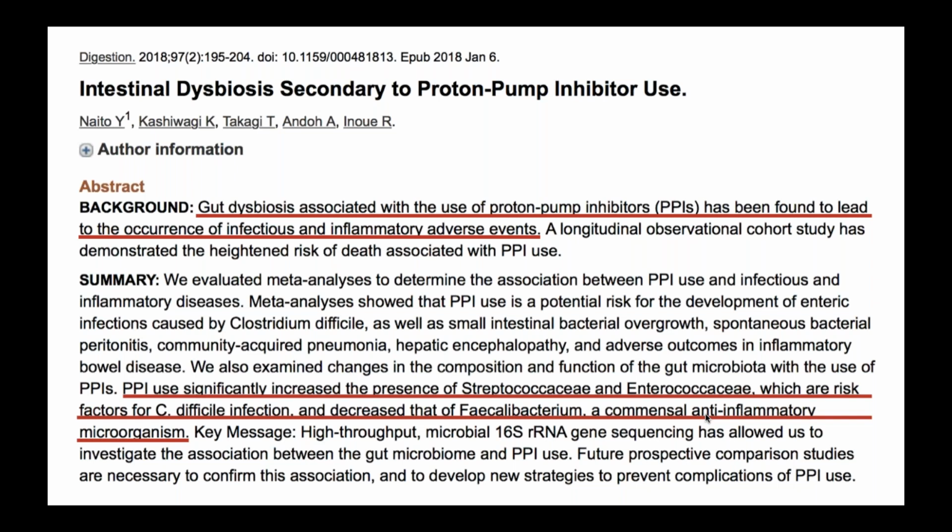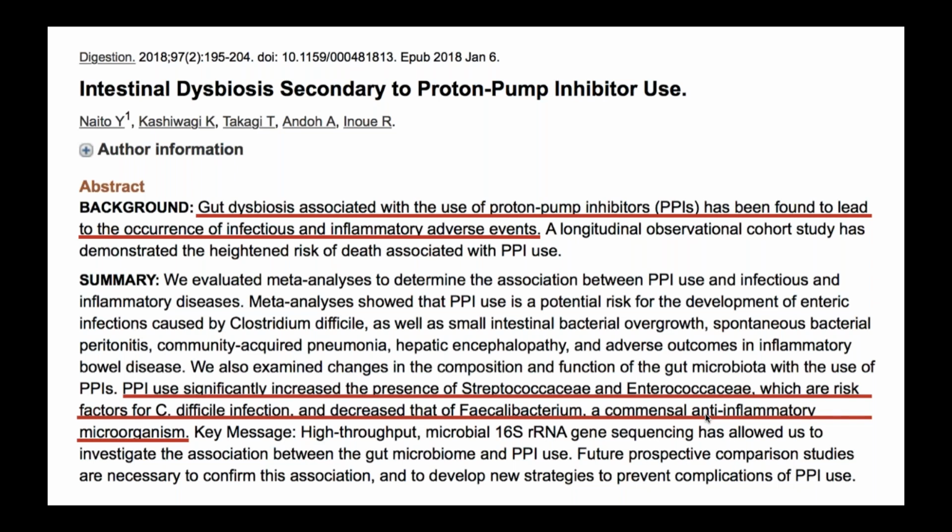In the next section, they say PPI use significantly increased the presence of Streptococcaceae and Enterococcaceae, which are risk factors for C. diff infection, and decreased Faecalibacterium, a commensal anti-inflammatory microbe.